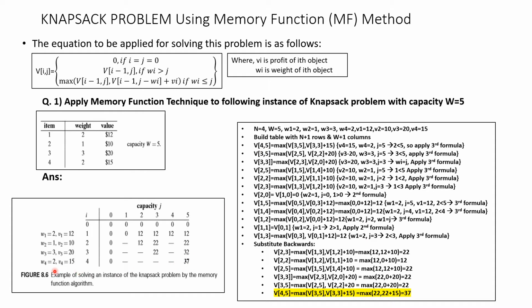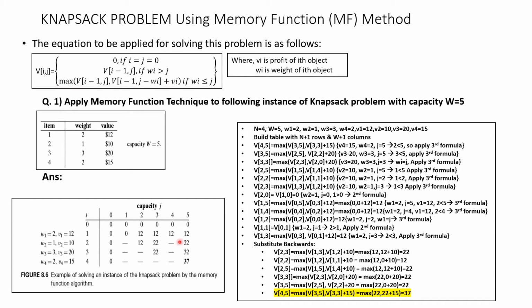Now which formula will you apply? Out of these three, for that you have to compare the corresponding W with J. W here is 2 and J is 5. 2 is less than 5, that is W is less than J, so we will apply the third formula.